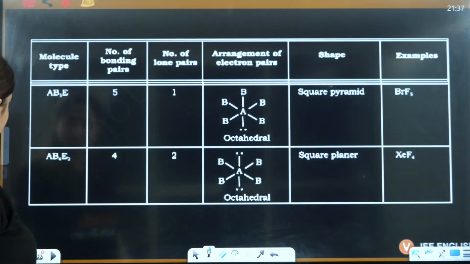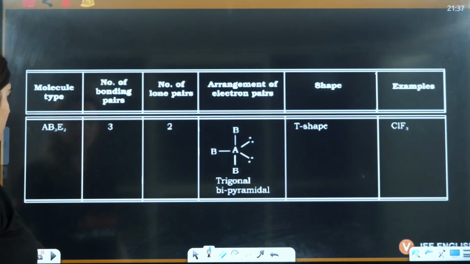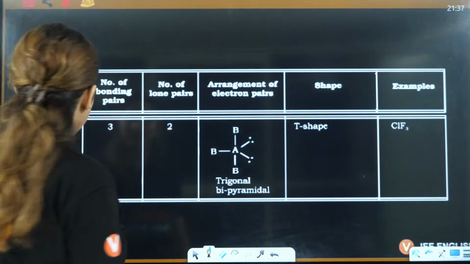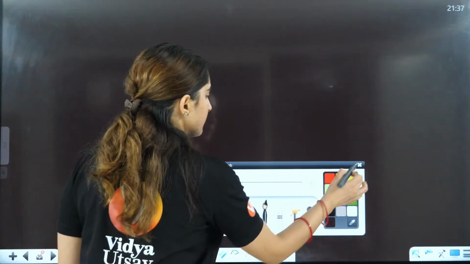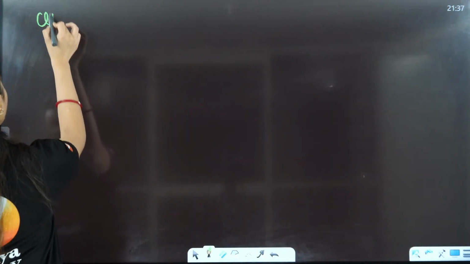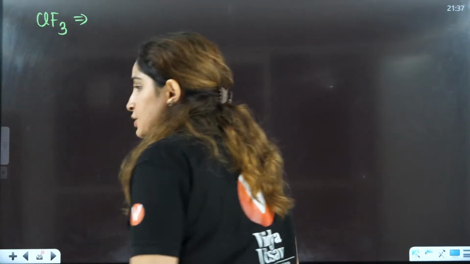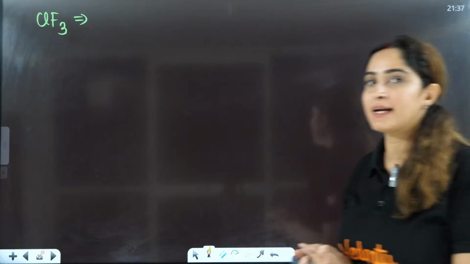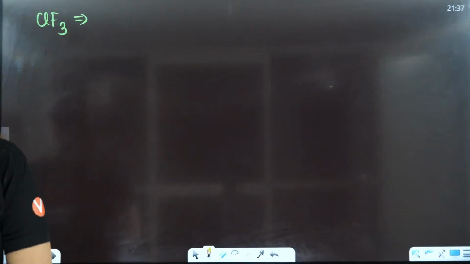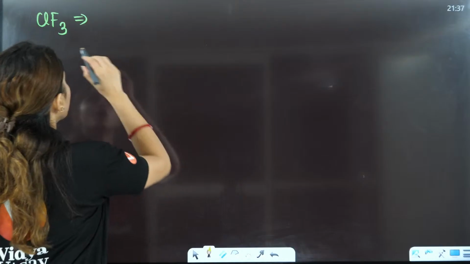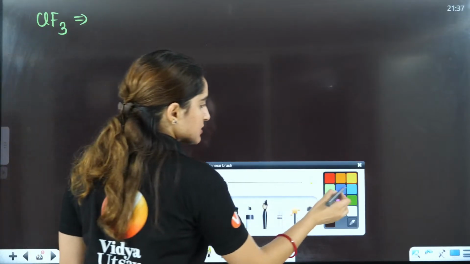So next we have not discussed this, ClF3. Let's discuss ClF3. Okay, everybody, how do we discuss that? Everybody in the chat box. ClF3, very good. So who will tell me this?